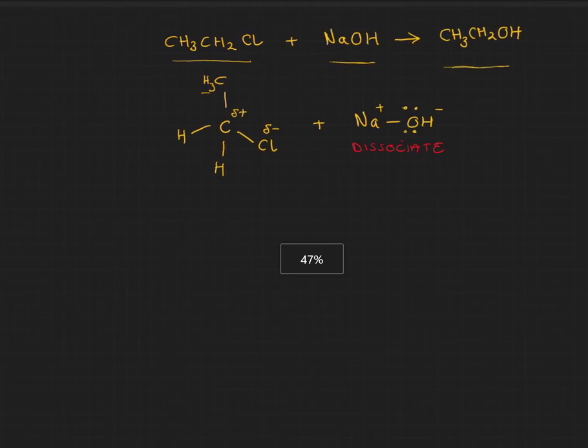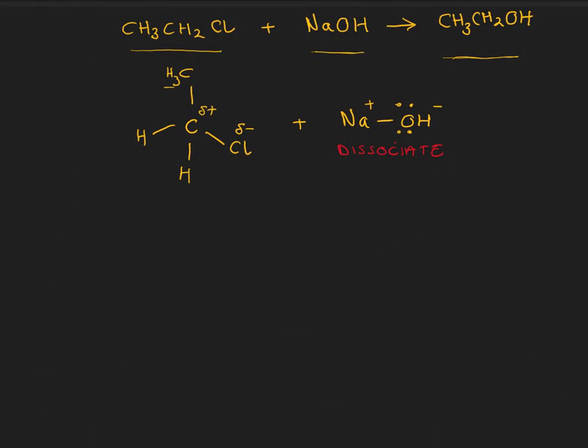So I'm going to move that up for a moment, and what I really see then is my chloroethane staying exactly the same for the moment. Still delta positive here, and still delta negative here. And what's really reacting is this hydroxyl group. That is my nucleophile.